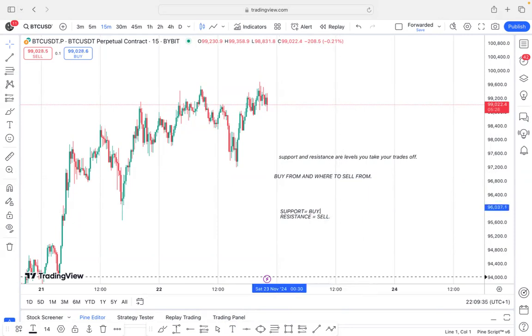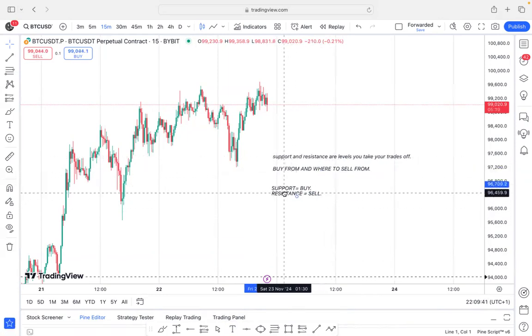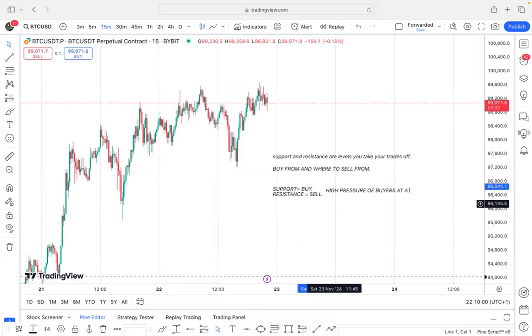Now, how can you identify these levels on your chart? As the word support suggests buying, whenever price gets to support, it means there are a maximum number of buyers, a high pressure of buyers at a support zone.